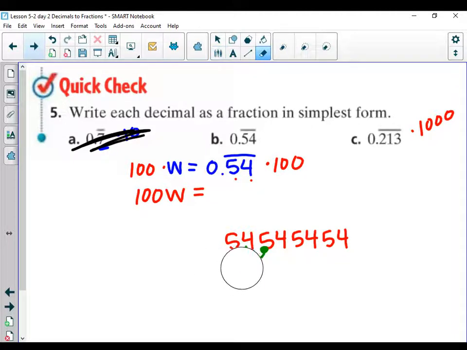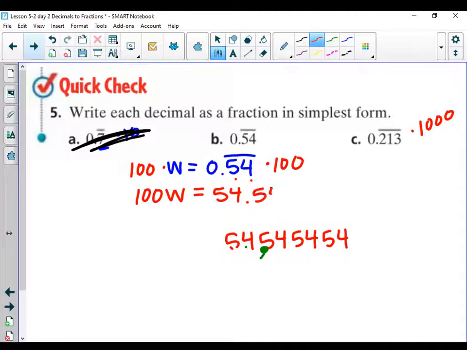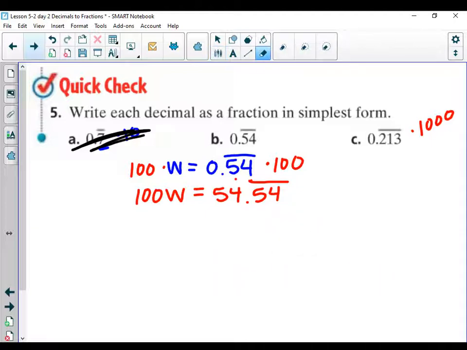So now this number over here on the side is 54.54 repeating. You may be thinking, I'm never going to be able to do this. Well, first of all, you have the steps written down. And second of all, this is just like riding a bike. It was probably hard the first time, and a couple tries later, you got it no problem.